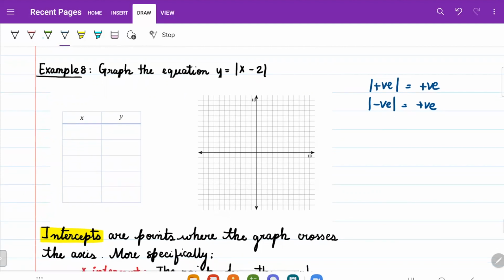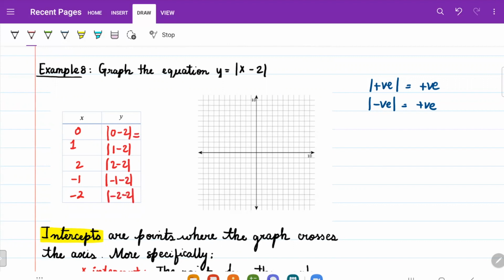So here, same thing again, we find for 0, 1, 2, minus 1, and minus 2. So this would be the absolute value of 0 minus 2. This would be 1 minus 2. This would be 2 minus 2.